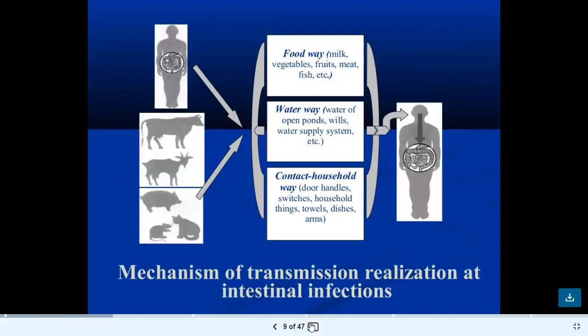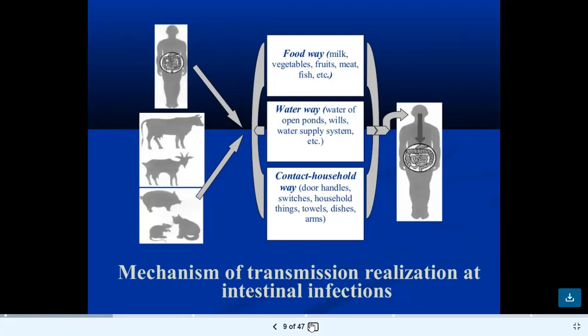Now this figure shows the mechanism of transmission and realization of intestinal infection. The food ways are milk, vegetables, fruits, meat, fish, etc. The water ways are water of open ponds, wells, water supply systems, etc. And the contact, that is household waste, includes door handles, switches, household things, towels, dishes, and hands.